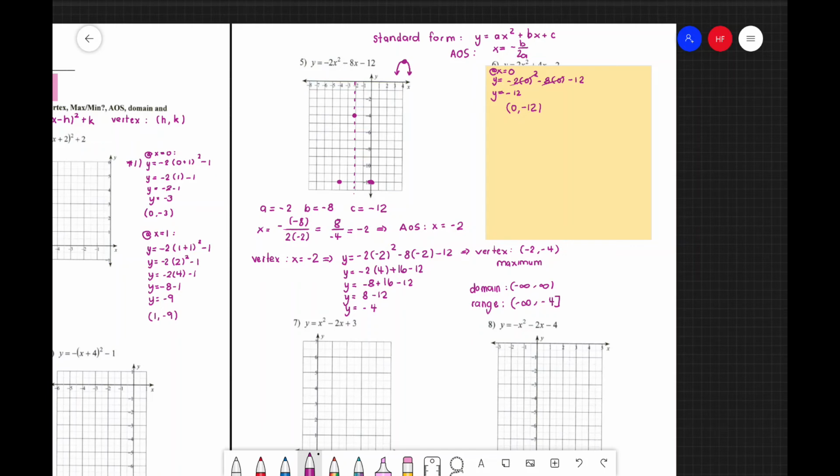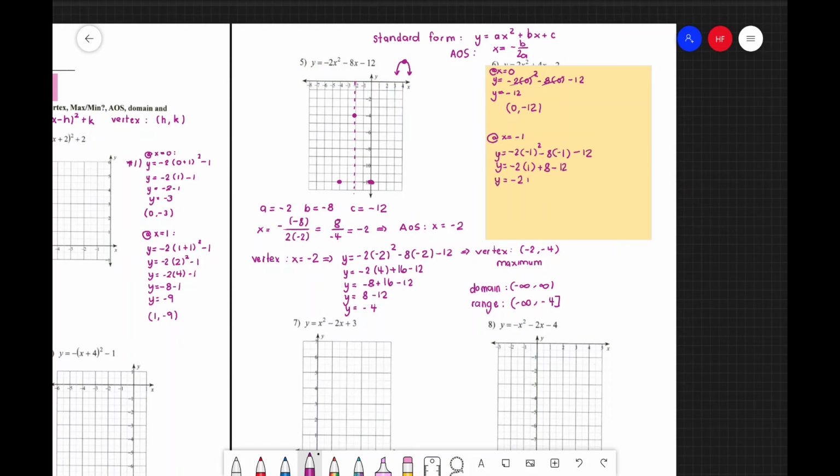And let's see what happens when x is negative 1, just so we can get a point in between those two. So y would equal negative 2 times negative 1 squared minus 8 times negative 1 minus 12. We've got negative 2 times 1 plus 8 minus 12.